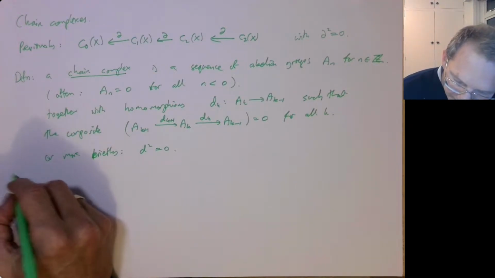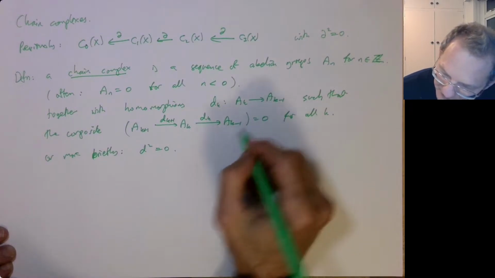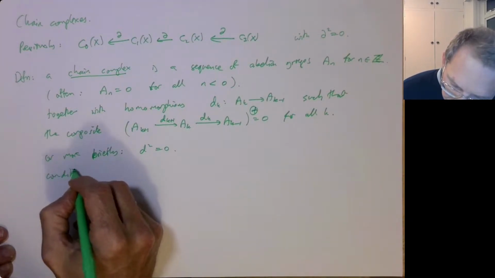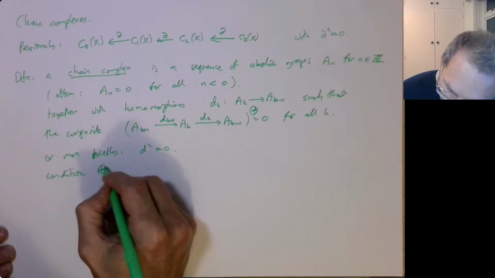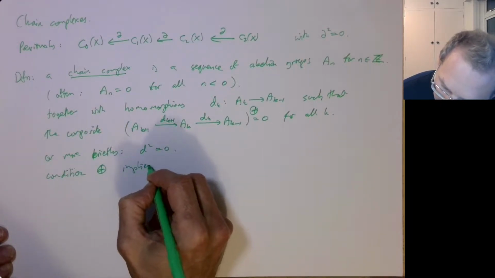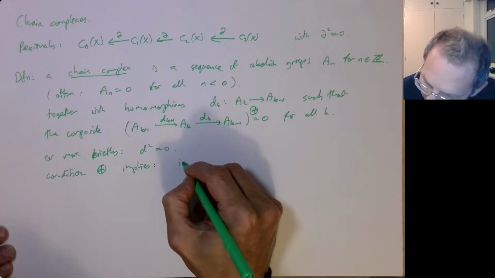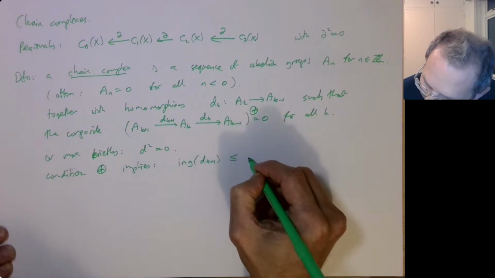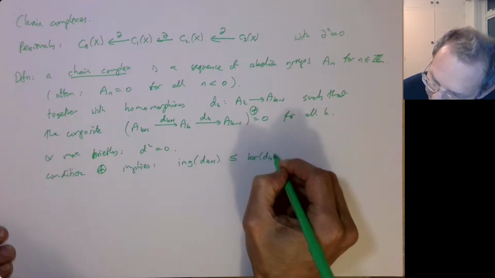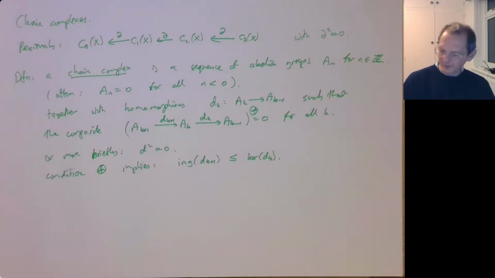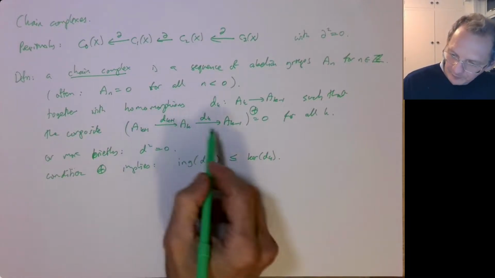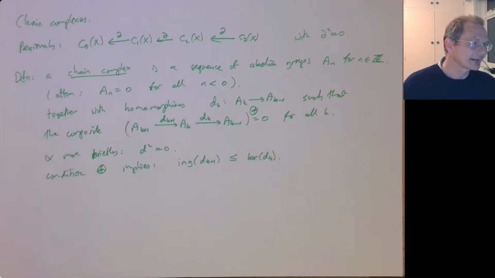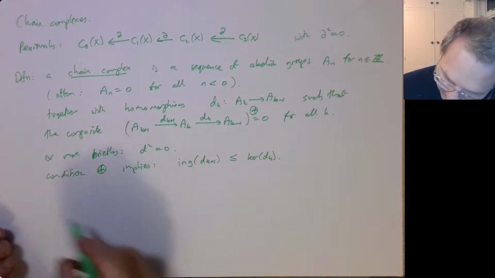So this condition says that the image of d_{k+1} is contained in the kernel of d_k. It links up with what we were saying about exactness before. If the composite of 2 maps is 0, then the image of the first map must be contained in the kernel of the next one.